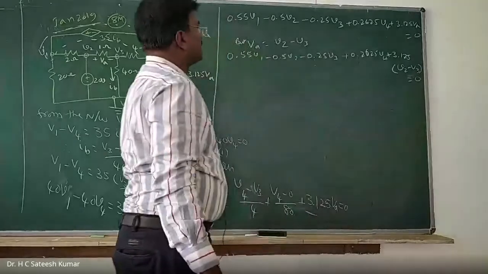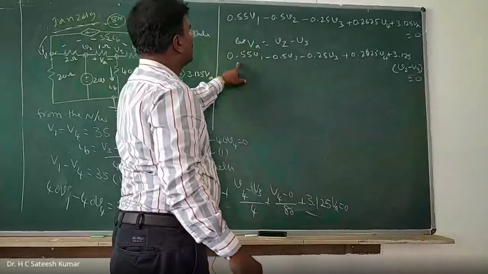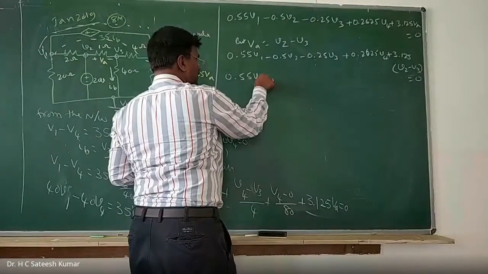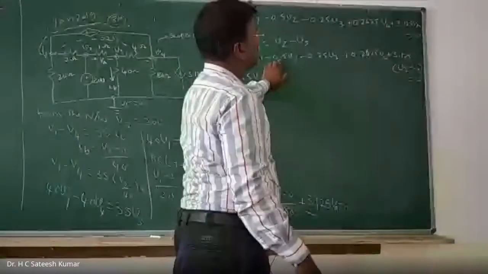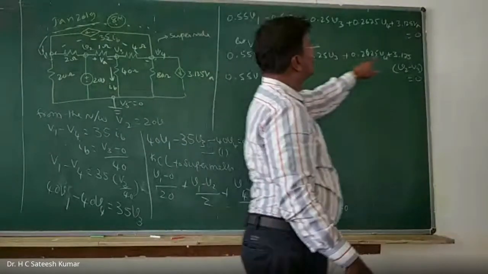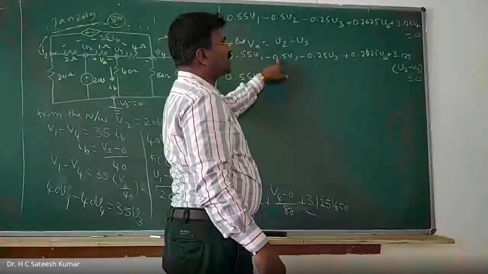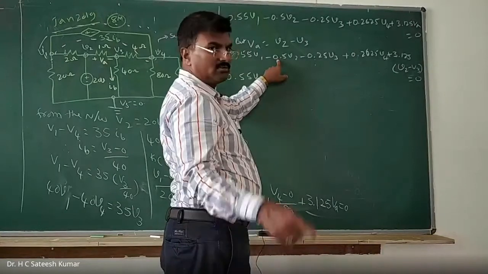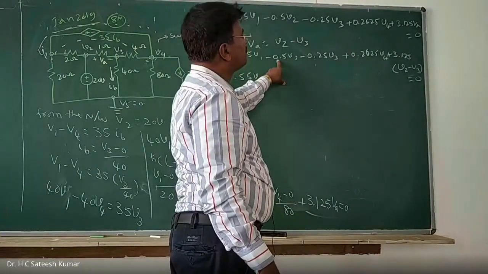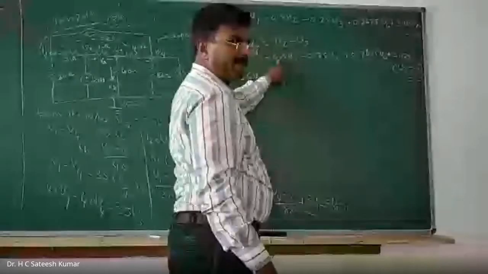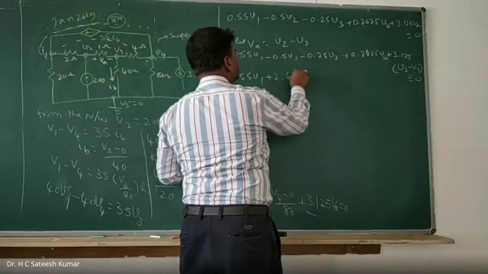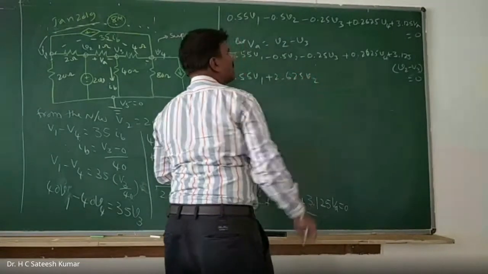Okay, right. Now what is the V1 coefficient? 0.55 V1, minus 0.5 V2 plus 3.125 V2, so 3.125 minus 0.5 is 2.625 V2. What about V3?